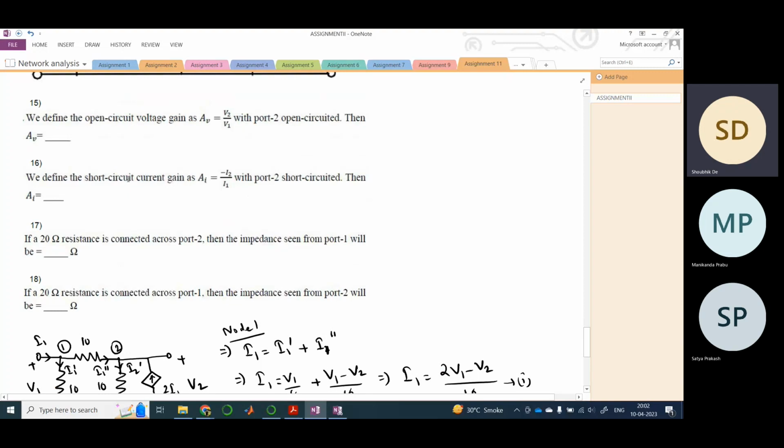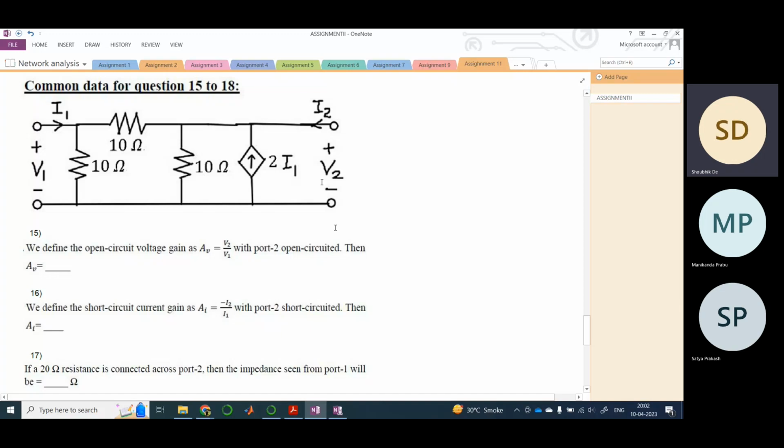So we define the short circuit current gain as AI. So we need to short port 2, so V2 would be equal to 0.